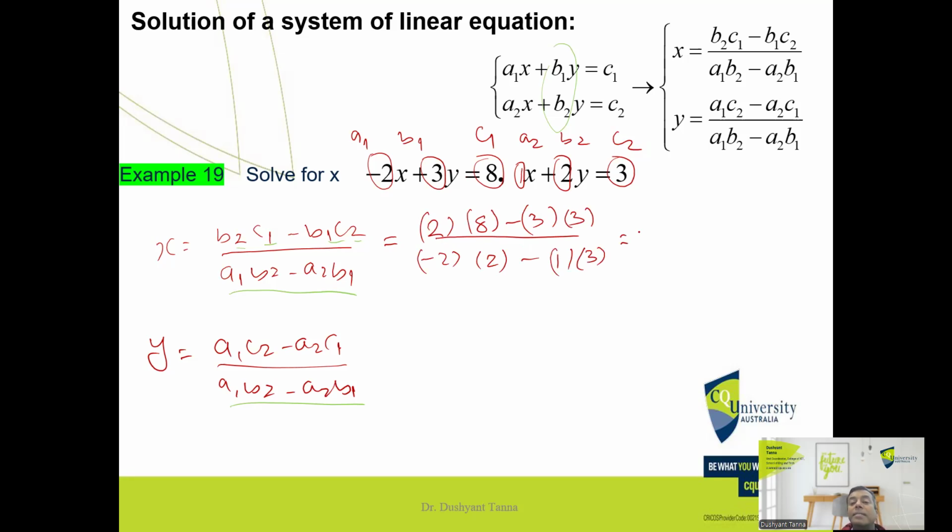So 16 minus 9. 16 minus 9 is 7. 7 divided by negative 7, and that's negative 1.